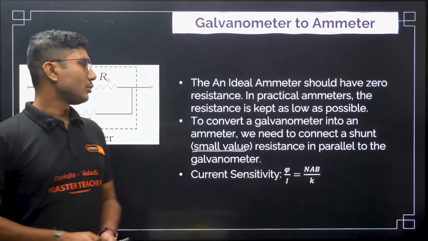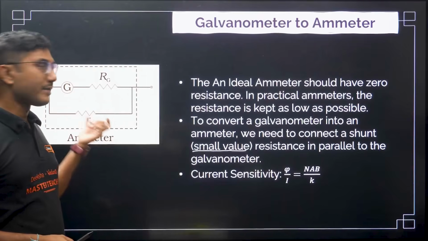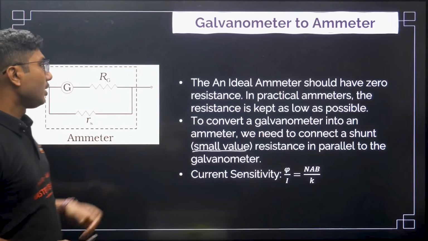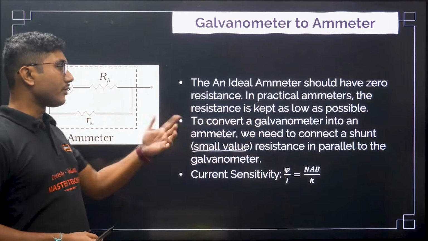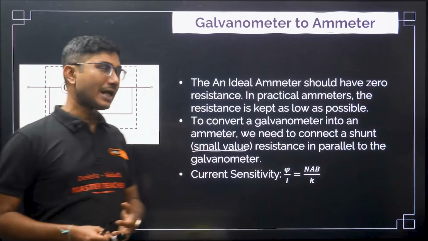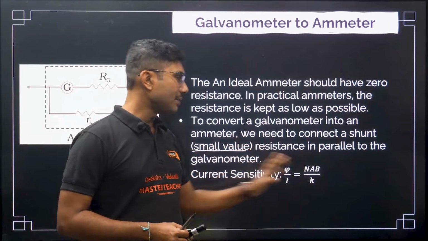So to decrease the resistance, we always connect a very small value resistance in parallel. The current sensitivity of the galvanometer is given by phi by I equals NAB by K.